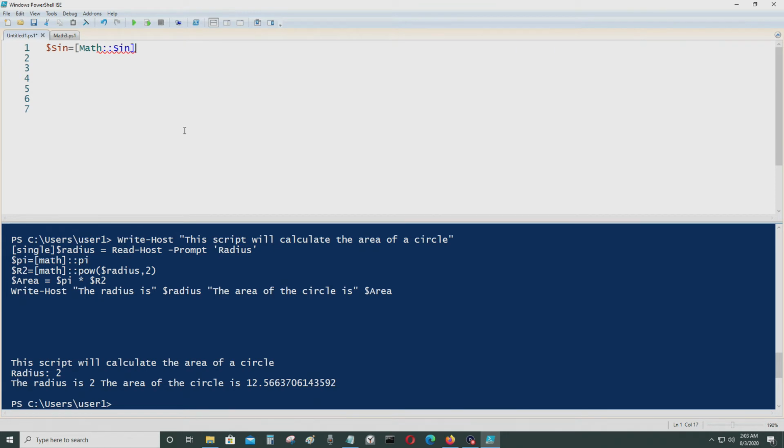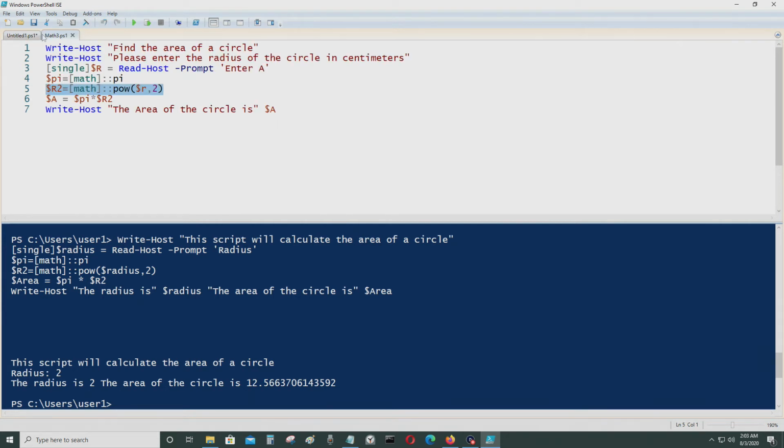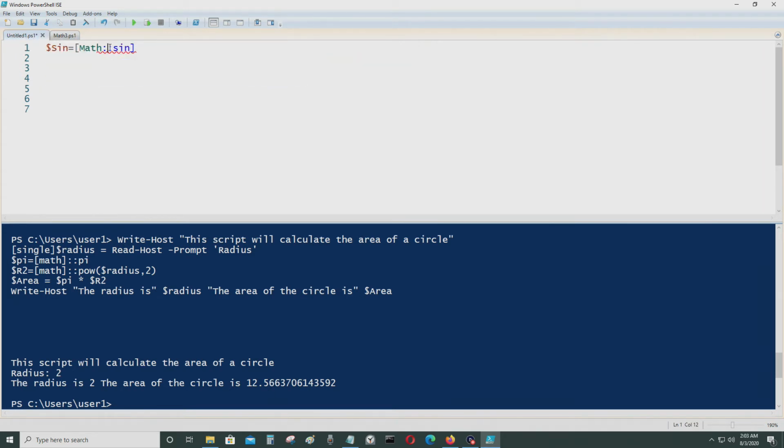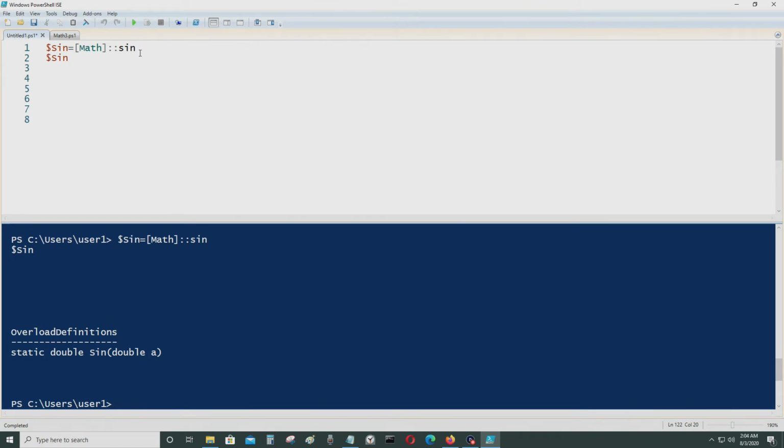I think that's it. Okay, I got the syntax wrong. But we didn't put a number in there. So I'll put a number in there.